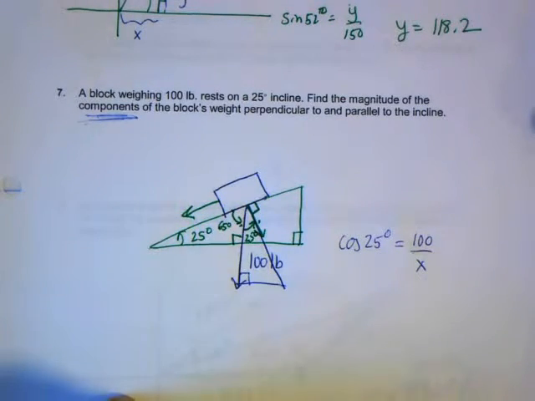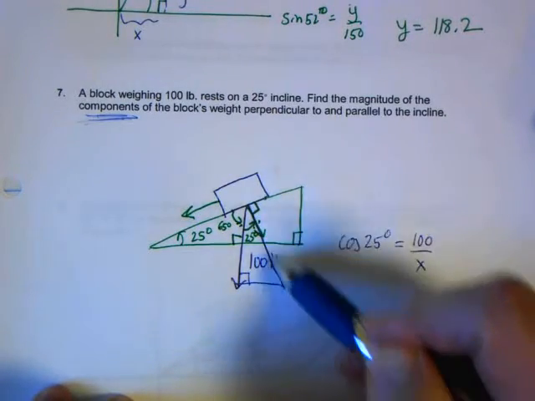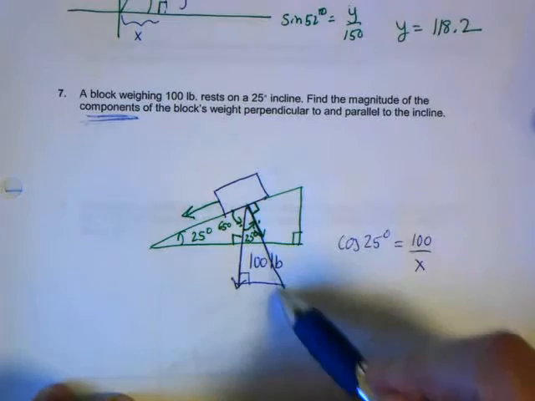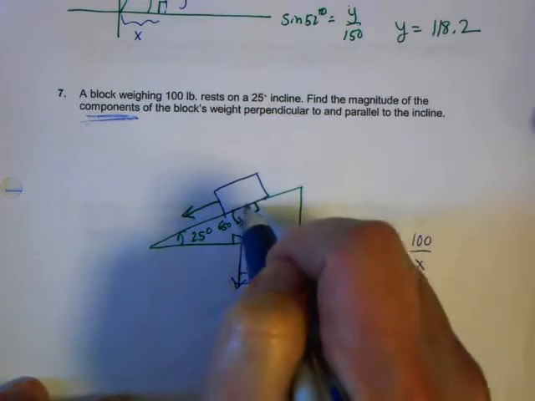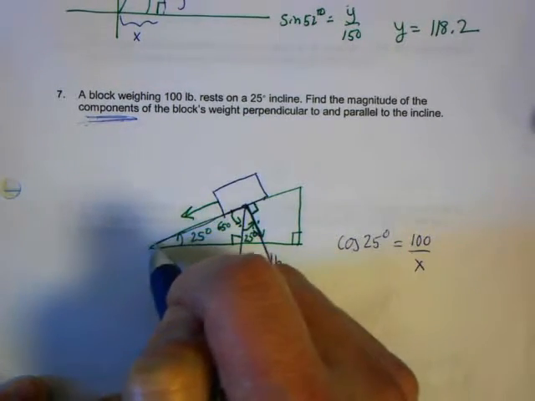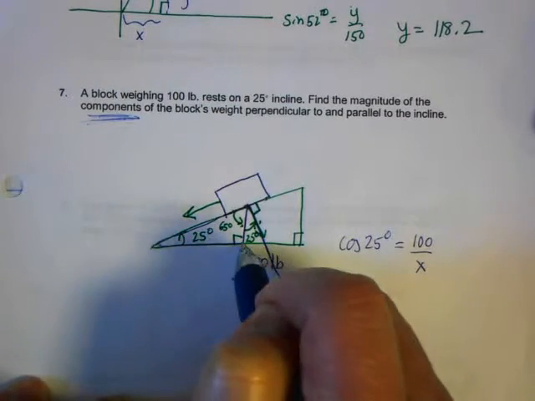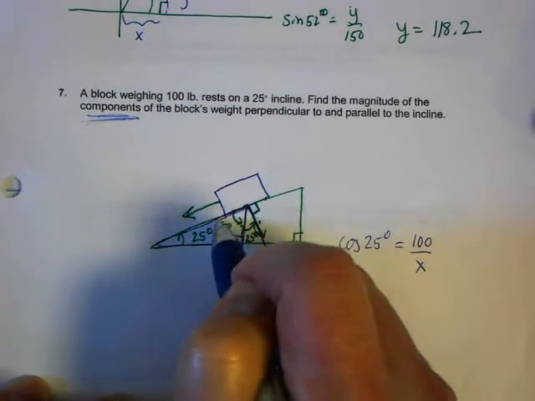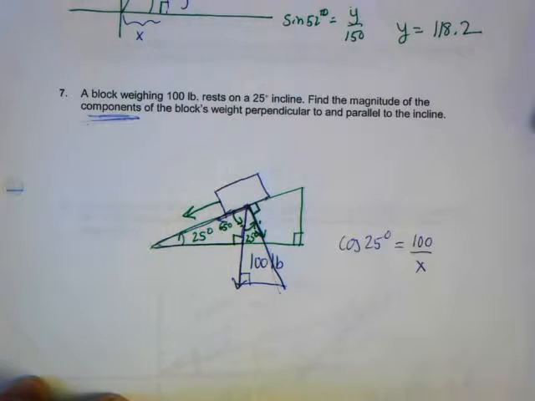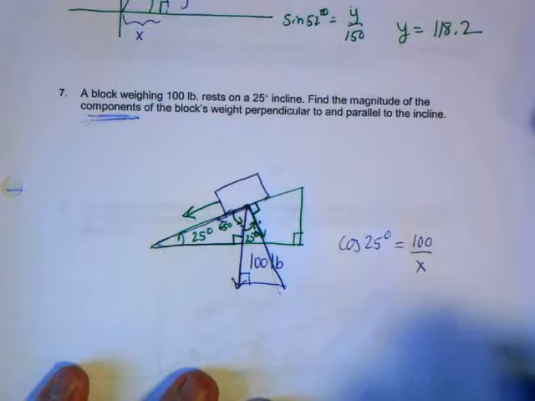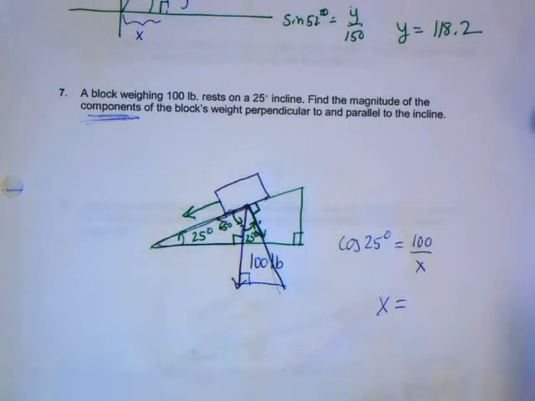So it's asking to find this side of the triangle, correct. And then we're going to use another triangle right here to find the vector in that direction. All right, so we worked this out. X is 100 over cosine 25. That looks like 110.3.